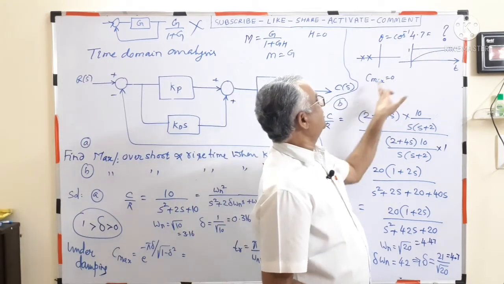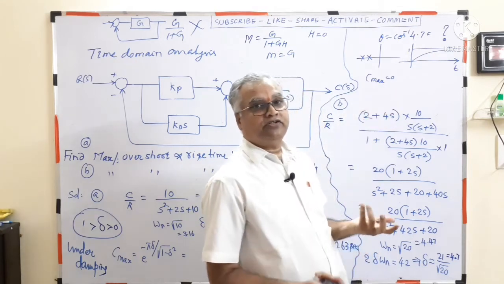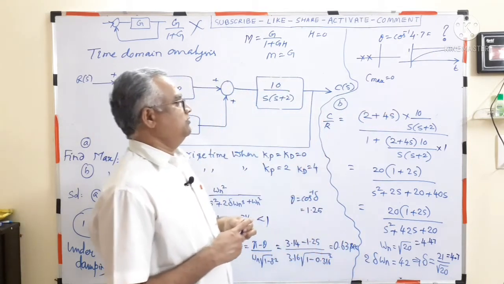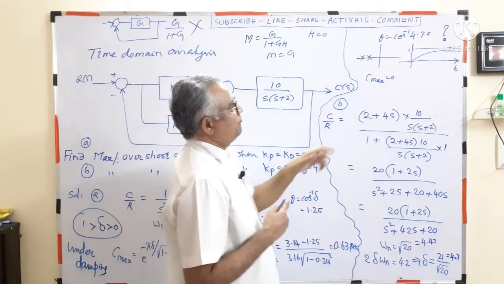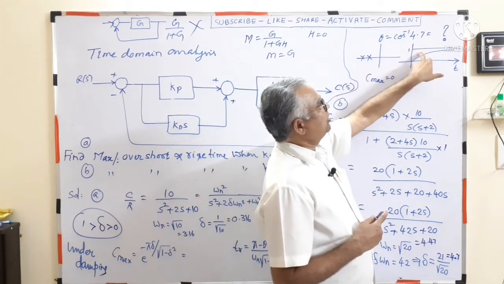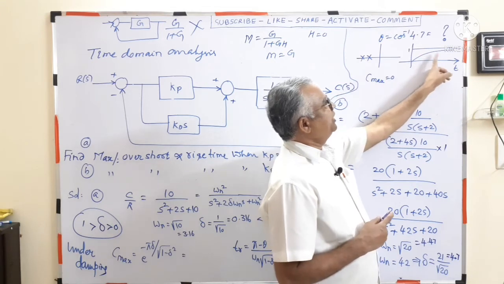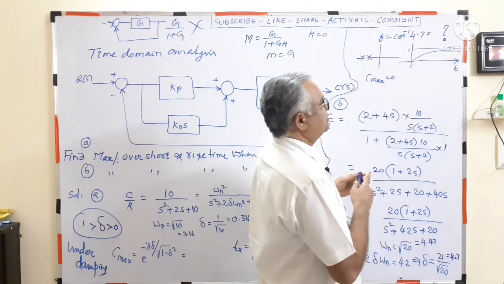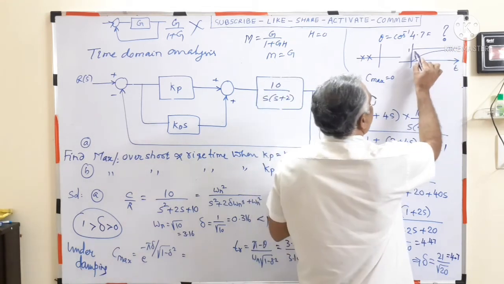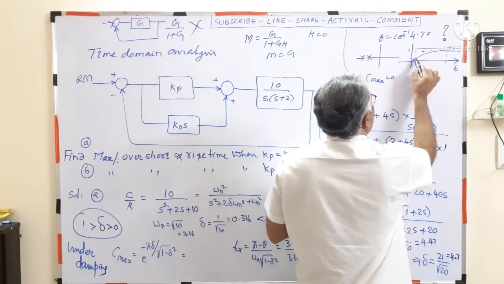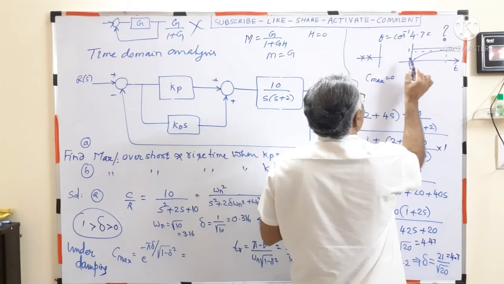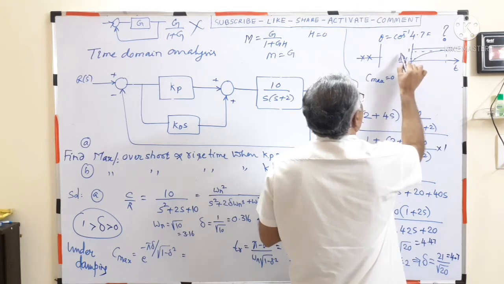And when overshoot is not there, what will Cmax be? 0. Max overshoot will be 0. But how do you find rise time? When overshoots, undershoots are not there, time taken to reach 100% is not used. This is 90%, this is 10%, 10% to 90%.